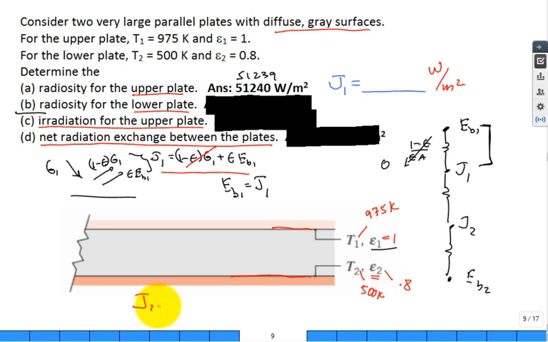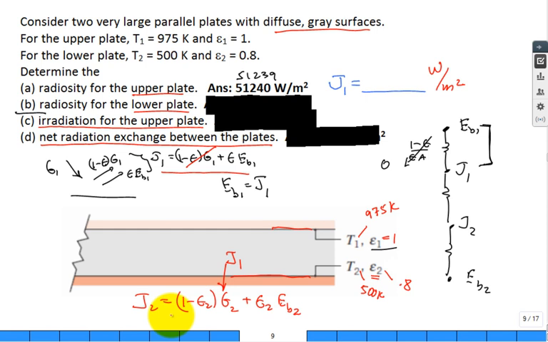So J2, isn't that equal to 1 minus emissivity 2 times what's coming in to surface 2? Where's it coming from? It's only coming from 1. So this right here is J1, plus the emissivity 2 times EB2.